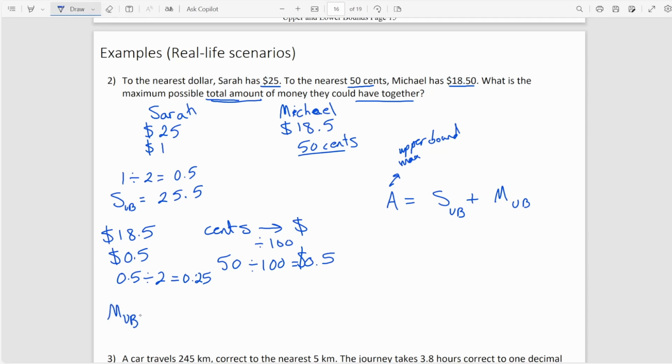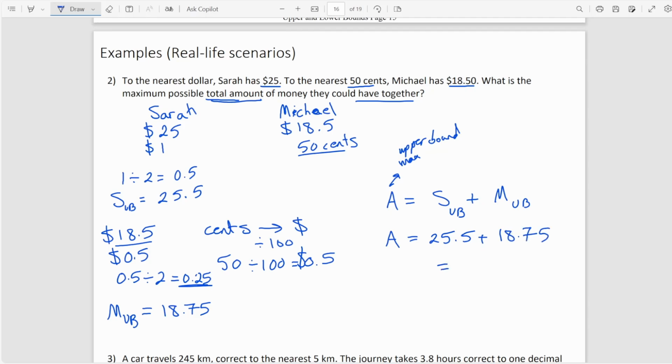Okay, and so the upper bound for Michael, sorry, I wrote Sarah. The upper bound for Michael's money will be basically 18.5 plus 0.25, your amount plus the error. This is the error. And we get 18.75. Okay? So now the maximum that they can have together is upper bound for Sarah, which is 25.5, plus the upper bound for Michael, which is 18.75.